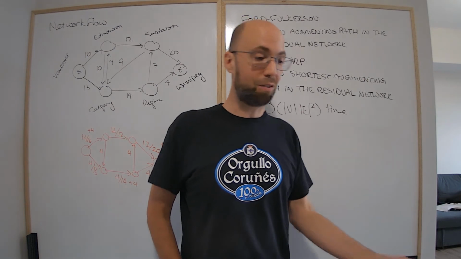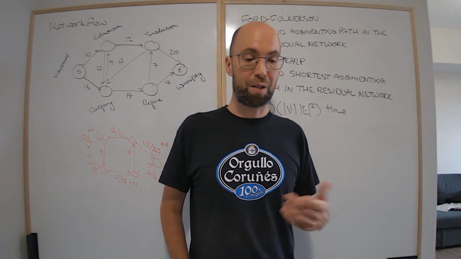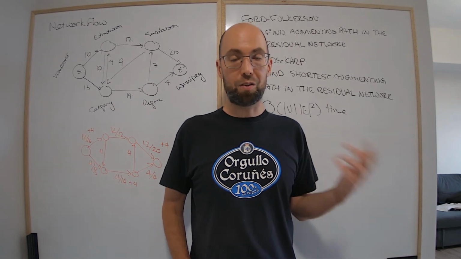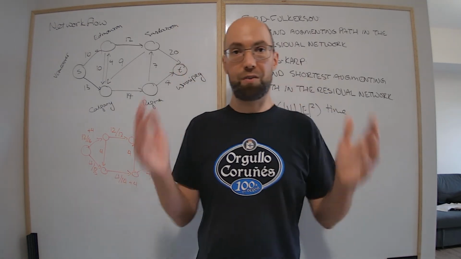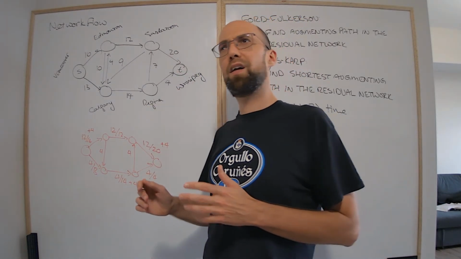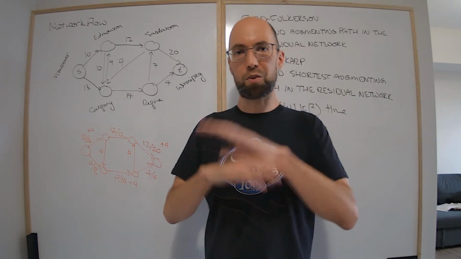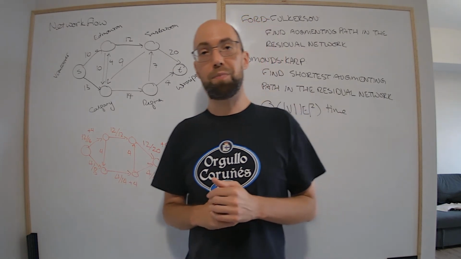Cook came up in Karatsuba for Toom-Cook, and then Cook's theorem. Karp came up when we talked about Cook's theorem, because Karp was the one who showed that all of those problems like clique and hitting set and Hamiltonian path and stuff, Karp showed that those were NP complete.